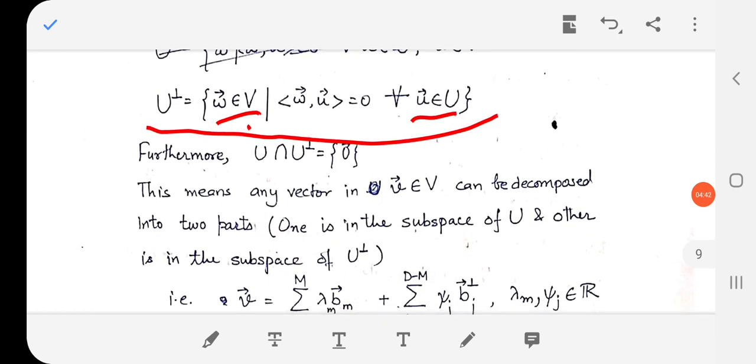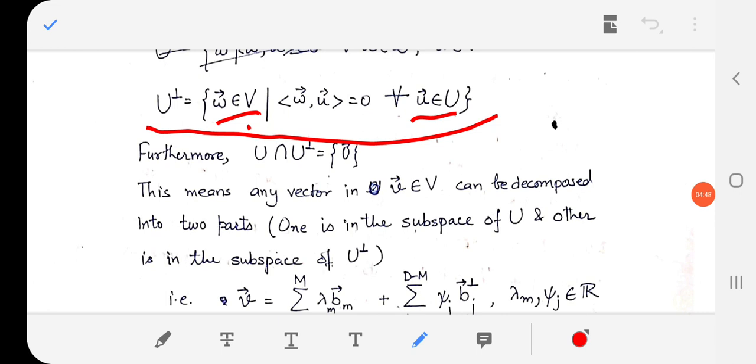Now we will definitely find that the intersection of U and U orthogonal will have just one element in common, and that's the origin.